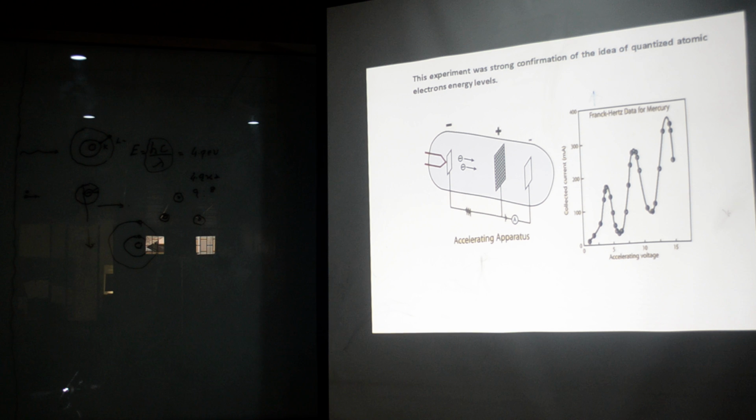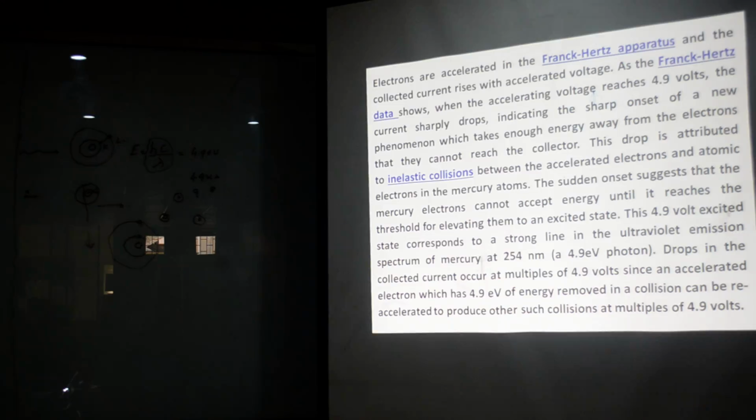So all this shows that an electron can absorb energy only when the incident electron has a specific value of energy. Drop in the collected current occurs at multiples of 4.9 volt, since an accelerated electron which has lost 4.9 electron volt of energy in a collision can be reaccelerated to produce other such collisions at multiples of 4.9.